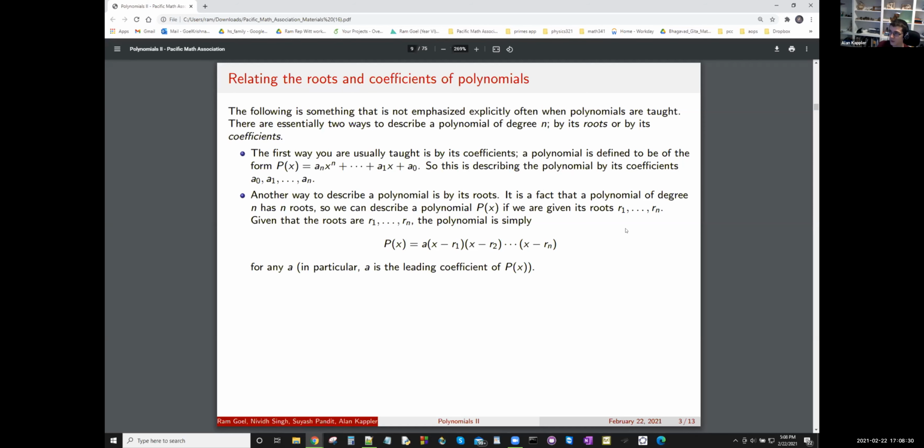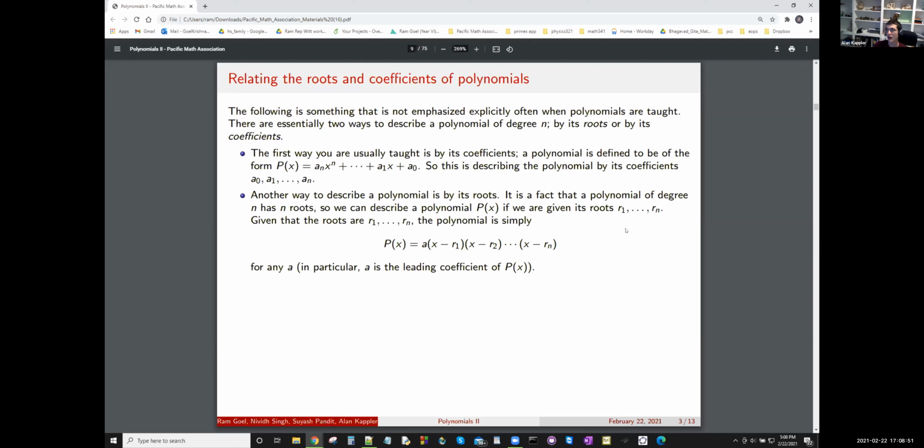Another thing that's really important is these roots r1 to rn. You can't just say they're real numbers. For instance, the polynomial x squared plus 1 doesn't have any real roots, so you can't factor it with real numbers only.